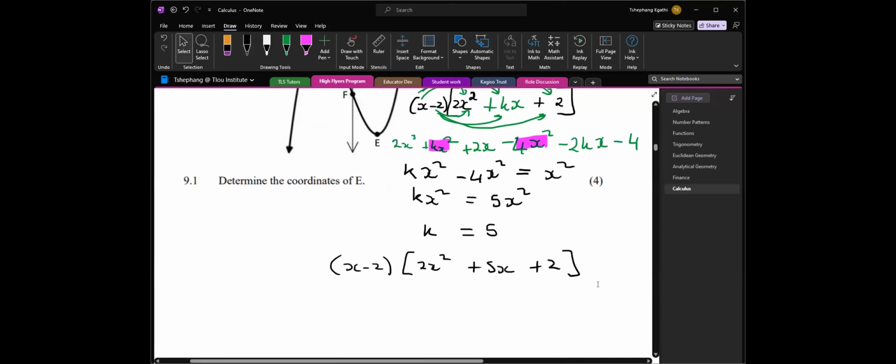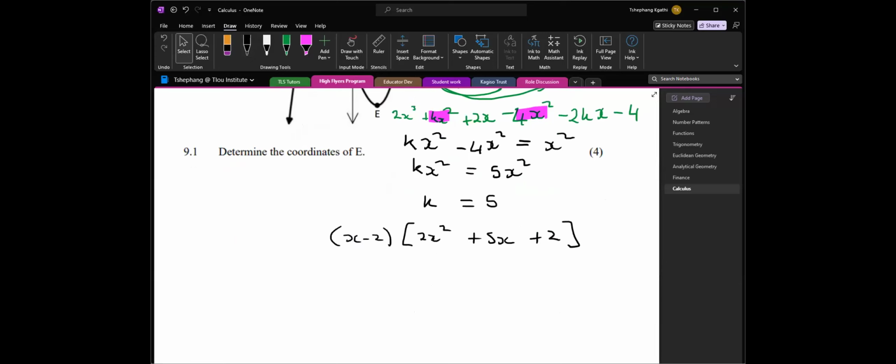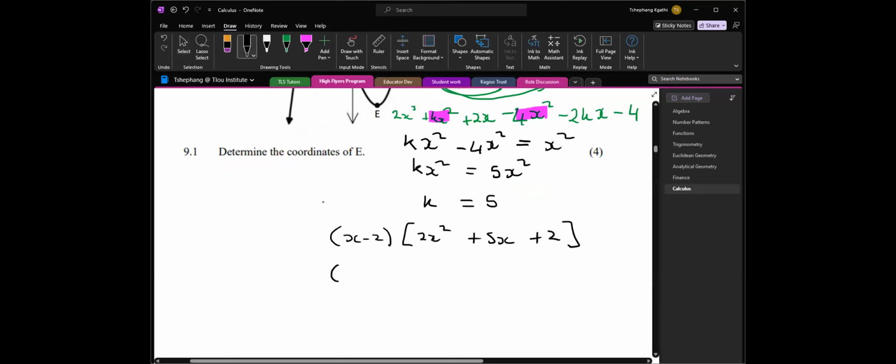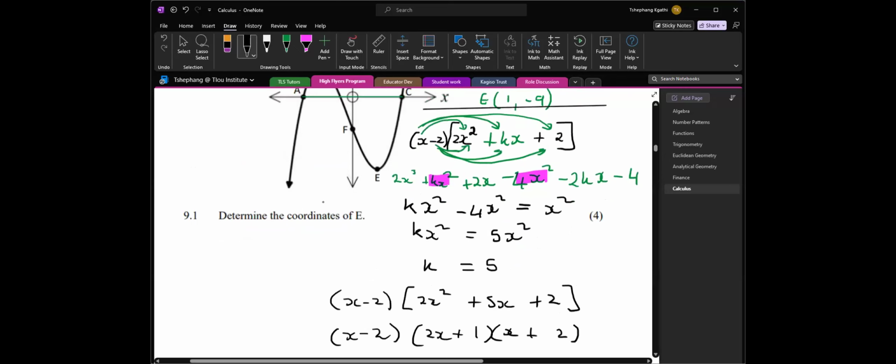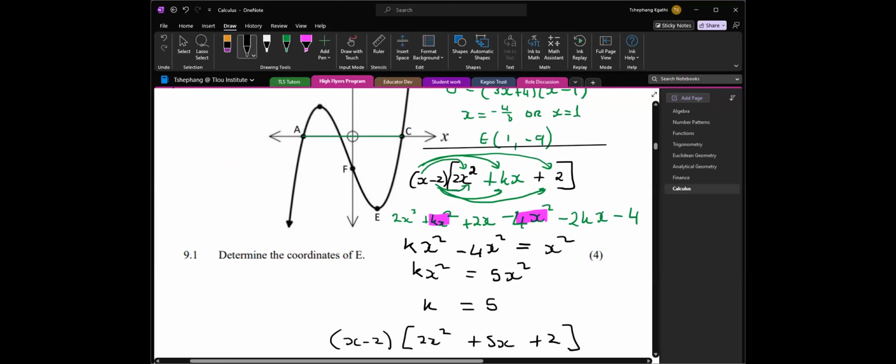Now, when we're here, we can rely on our calculators to factorize that if you're not too good with factorizing. I think I can factorize this to 2x there, and x there. 2 will only be 1 and 2, and then they will have to be both positive. Okay, now we have our points.